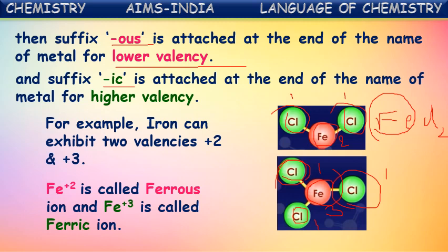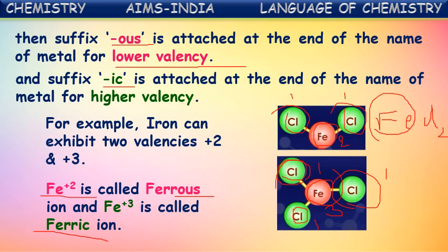Fe2+ is called ferrous. Whereas FeCl3, it is called ferric, because here iron's valency is 3, higher valency. So -ic, ferric chloride. Here iron valency is 2, comparatively lower valency, so it is called ferrous.